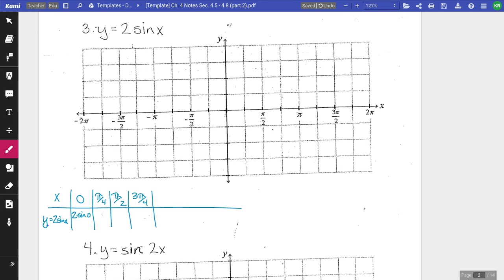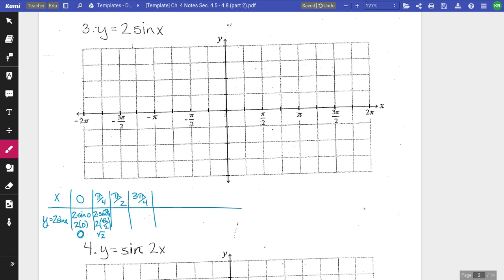Well, sine of 0 is 0, so 2 times 0 would just be 0. Okay, pi over 4. So it's 2 times the sine of pi over 4. Well, sine of pi over 4 is root 2 over 2. So I'm going to go 2 times root 2 over 2. My 2's would simplify out.